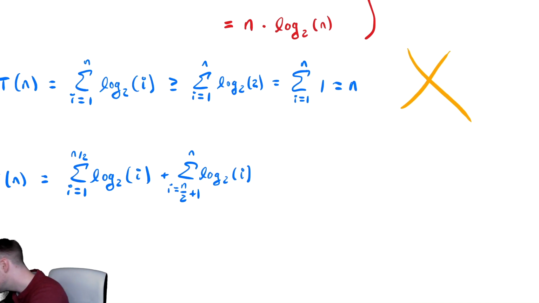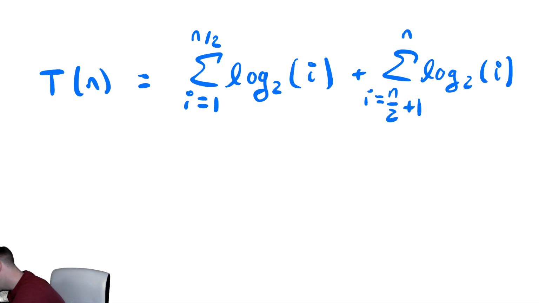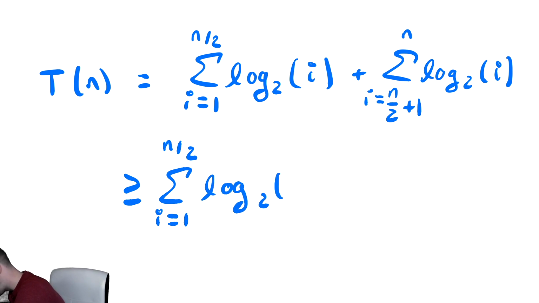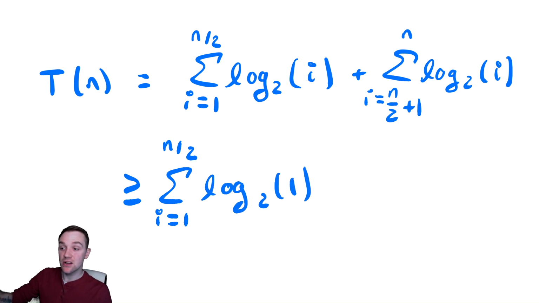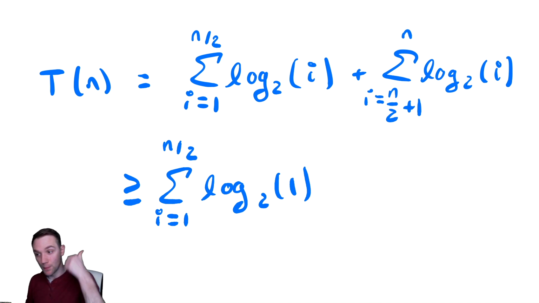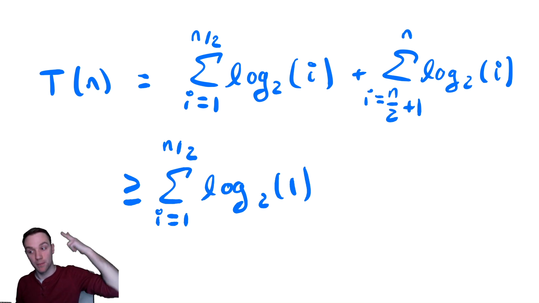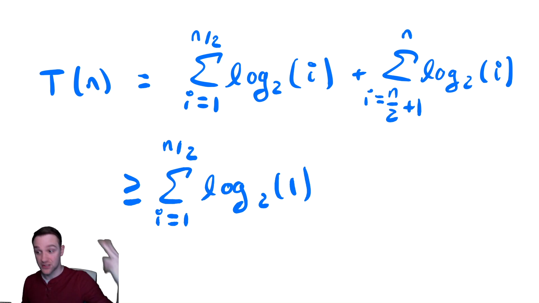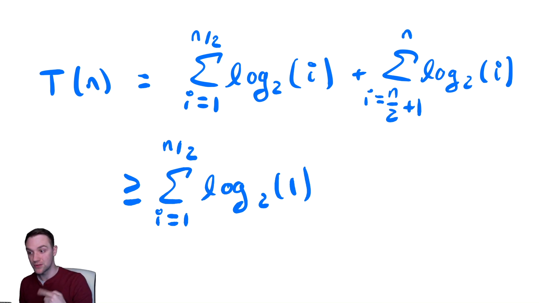So I'm going to bound this below by taking the first summation and plugging in the bottom bound for i. By doing that, every single term there is definitely bigger than log base 2 of 1, because they're log base 2 of 1 plus log base 2 of 2 plus log base 2 of 3, and so on and so on. And each of those values is bigger than log base 2 of 1, which actually turns out to be 0.